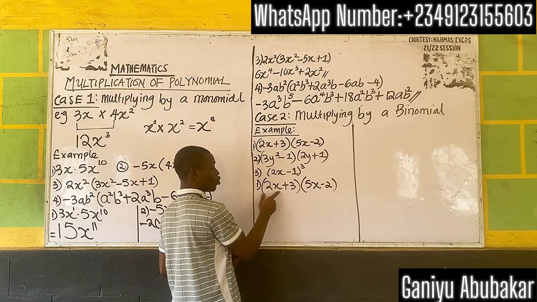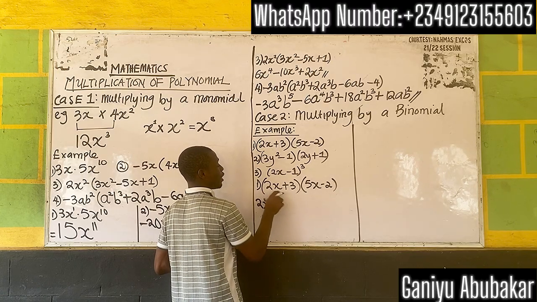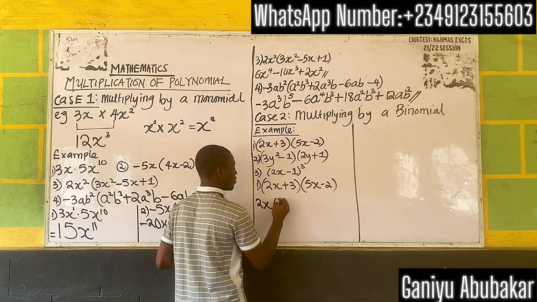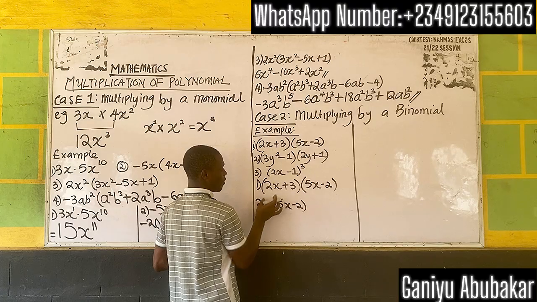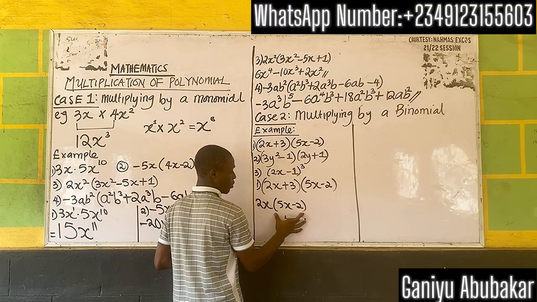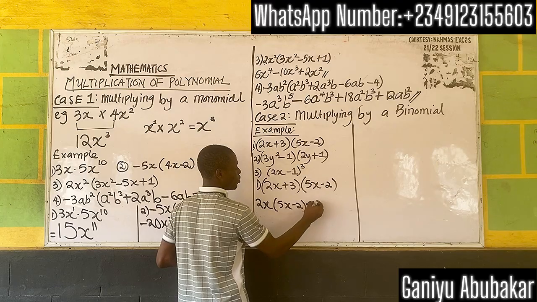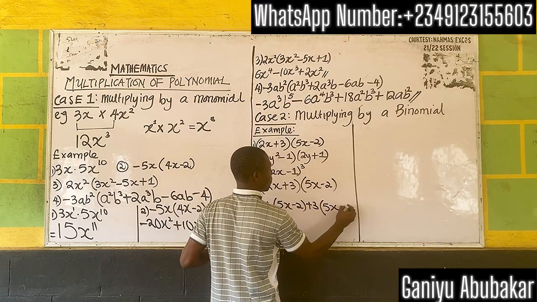What's the first term here? 2x. That gives you 2x as the first term in your first bracket. Now repeat everything here back, that's 5x minus 2. Take out the second term. Everything here should come down here. Second term is not just 3, but plus 3. Put the plus 3 here, into everything here comes down 5x minus 2.